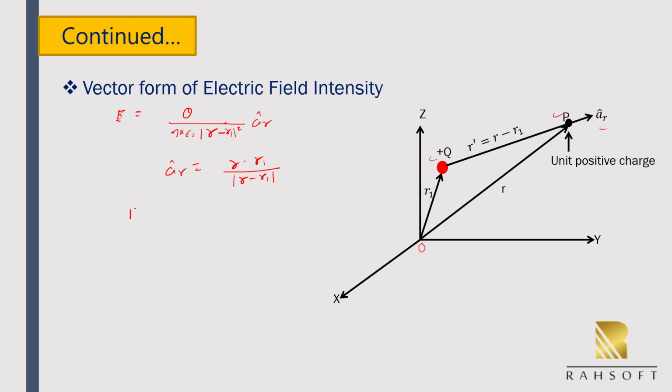So the electric field will be equal to q over 4 pi epsilon naught, r minus r1 over modulus of r minus r1 cubed. So this is the vector form representation of electric field intensity.